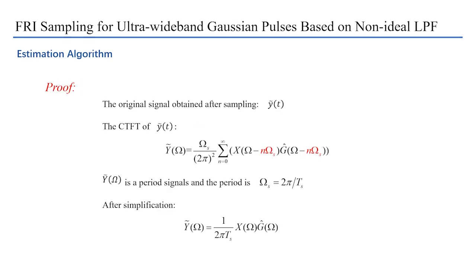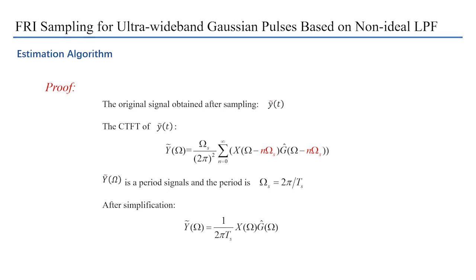According to the Convolution Theorem, the CTFT of the first signal channel can be obtained. It is obvious that H(omega) is a point signal, and the point is omega_s equals 2 times pi divided by Ts.